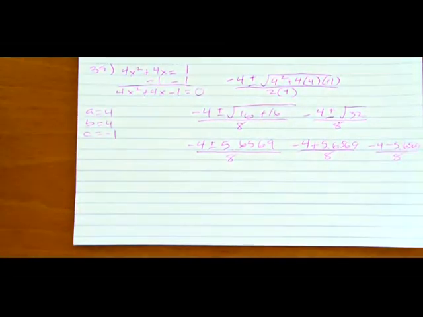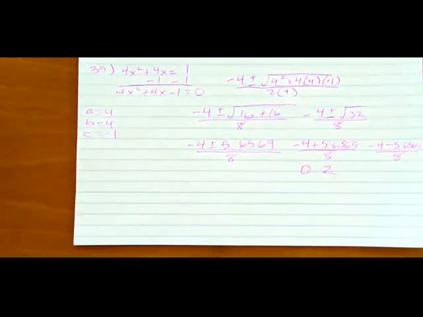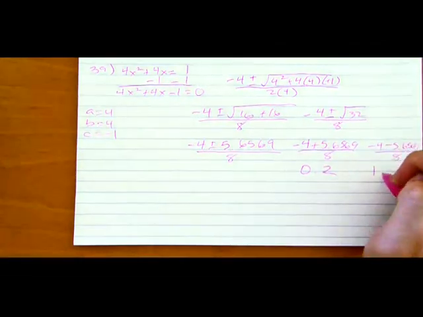Okay, so the first one, minus 4 divided by 8, 0.2. We'll do it again for the second. Square root of 32, and the 4 is 9.6569, and then divided by 8, 1.2.